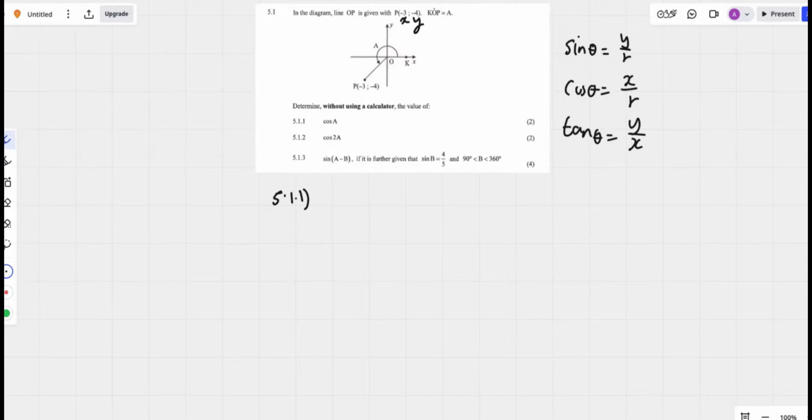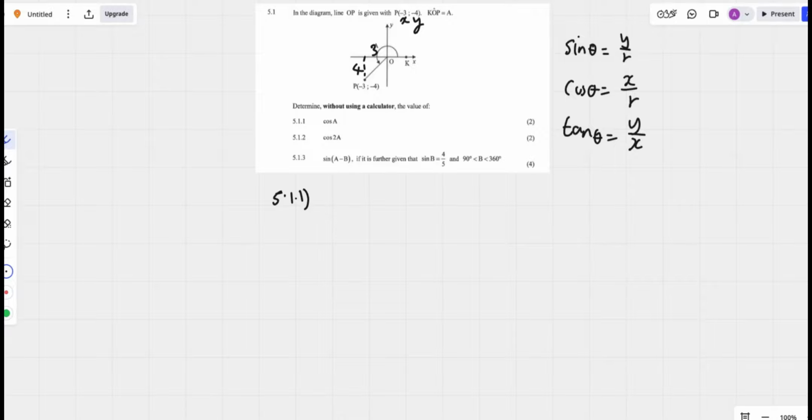We want cos A. So first of all, we know that we have our y equal to -4, so that's basically 4 units. We know that we have our x, which is -3, so that's 3 units. The coordinate is -3 and -4, but in terms of the size of that side, it's 4 units, and the size of that side is 3 units. Okay, so let us move on.